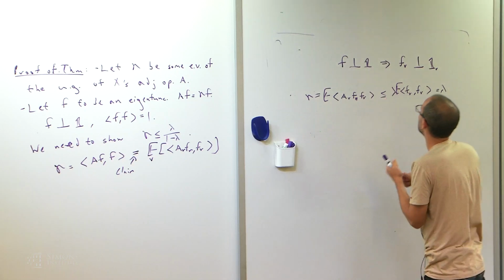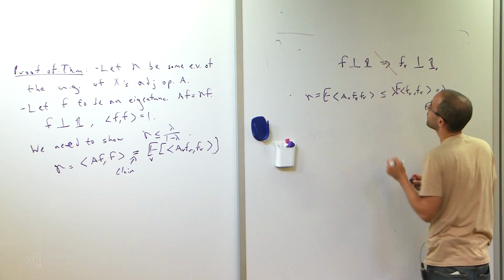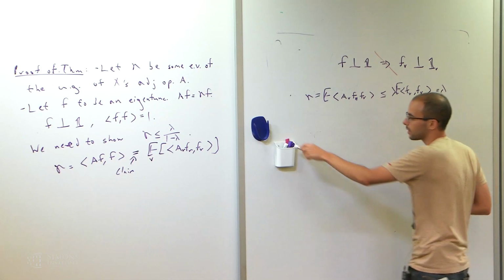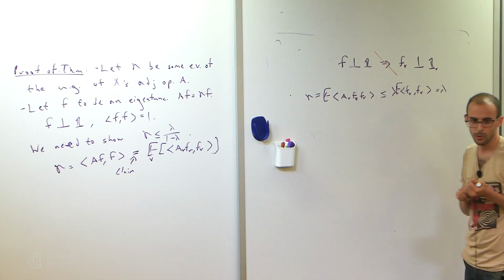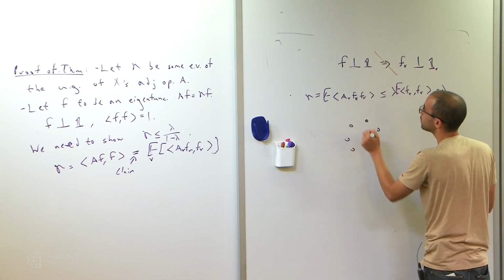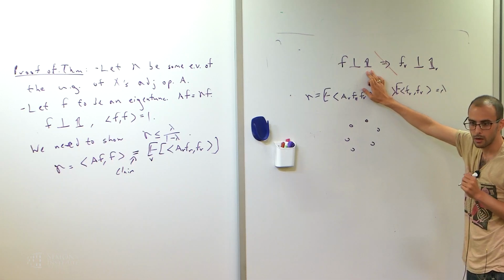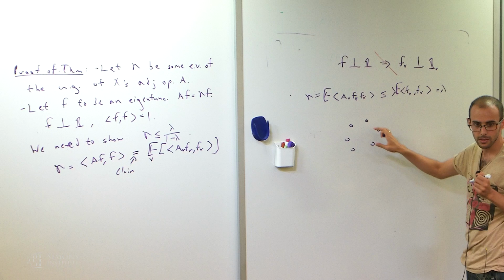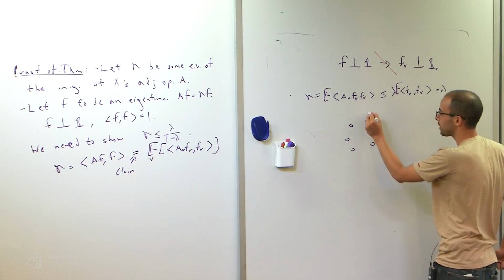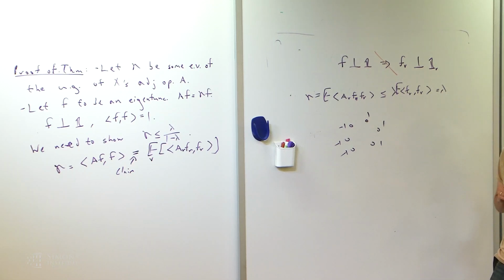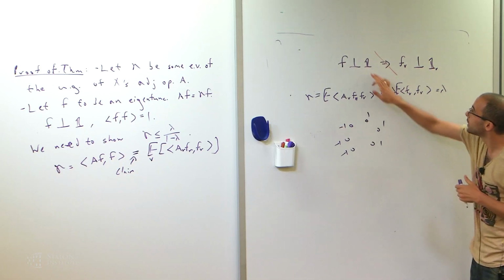However, this is not only something that we don't know how to prove, it is in fact untrue, and any counterexample will show it. Even on the complete complex, what does it mean to be perpendicular to the global constant? It just means that your weighted average is 0. So if we're on the complete complex, maybe half the vertices say 1 and half say -1, and then we would be perpendicular.